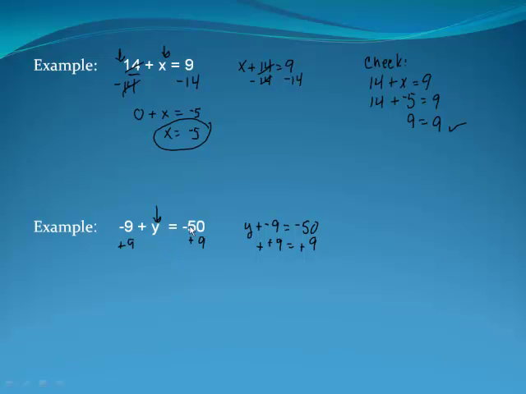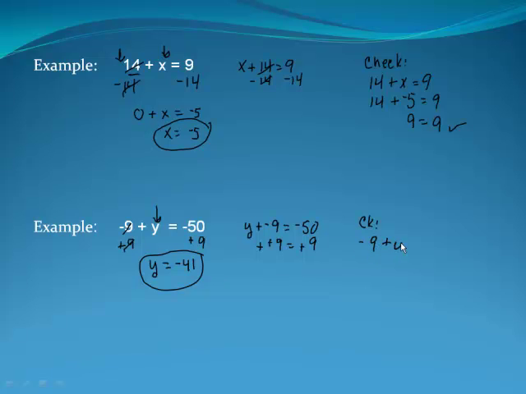So over here, you're adding 9. Either way, you end up adding 9, depending on which way you like that better. Negative 9 and positive 9 is 0. So on the left-hand side, we're left with y. Right-hand side, negative 50 plus 9 is negative 41. And that is our solution there.